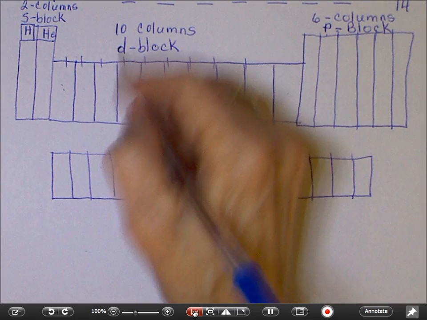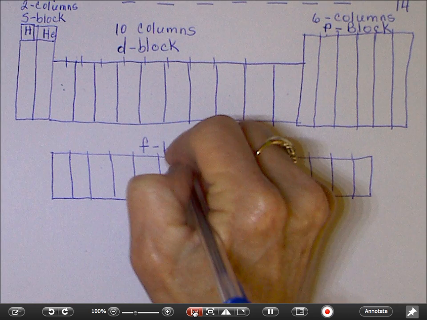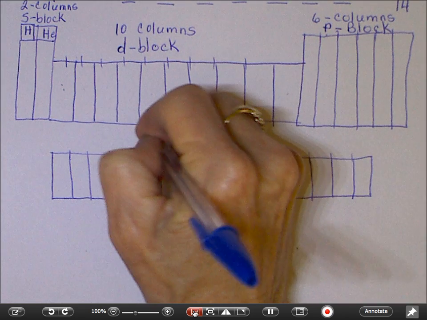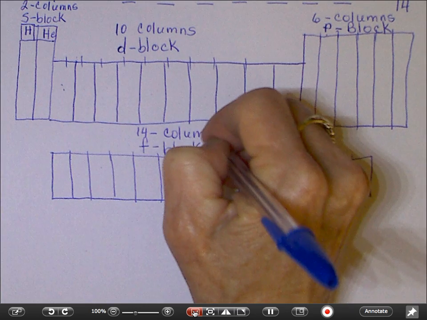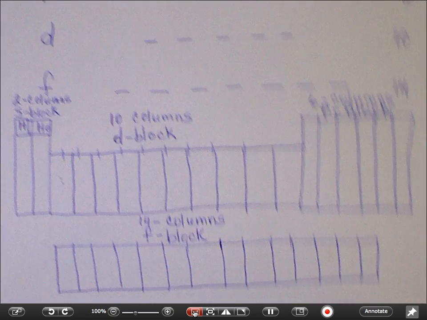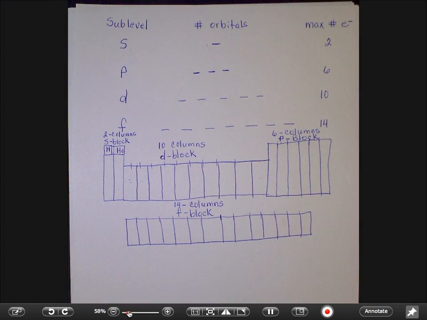So this is our F block with how many columns? 14. I'm going to zoom smaller so I can see the whole thing.